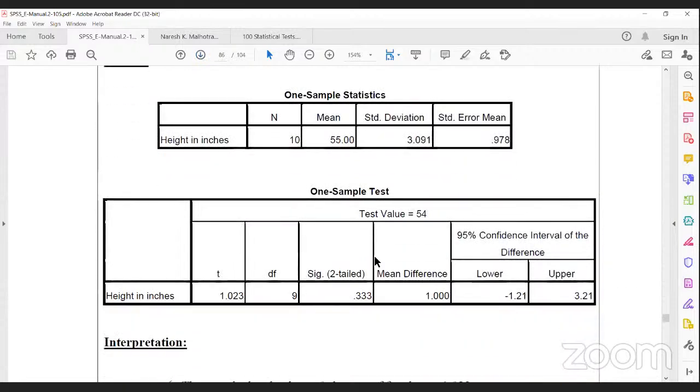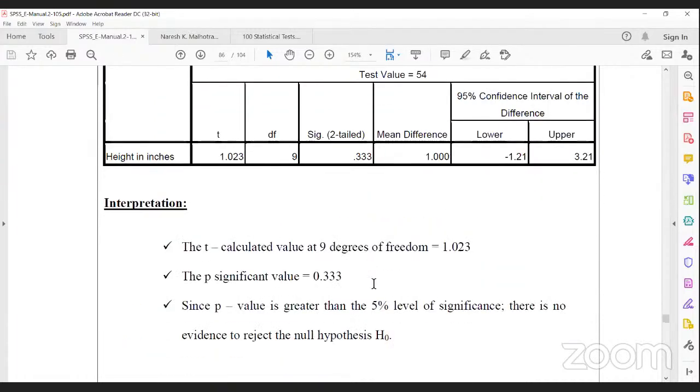The procedure is also given here, and see this is the table that we actually showed there. And what is the interpretation now?